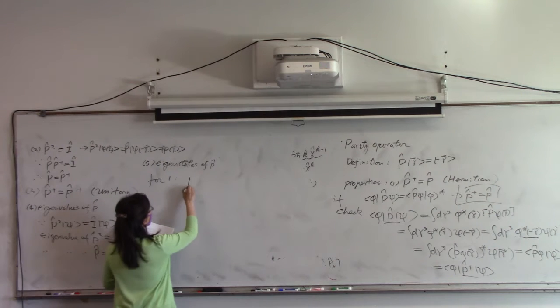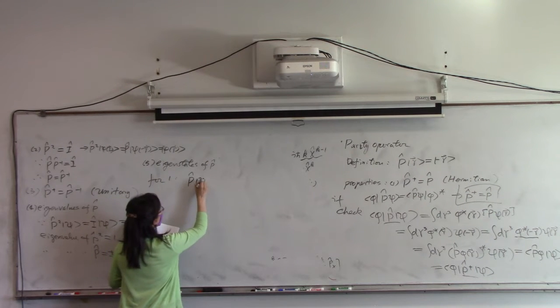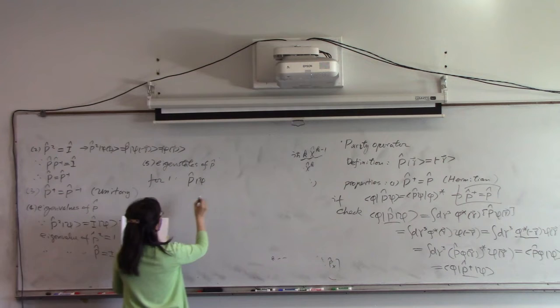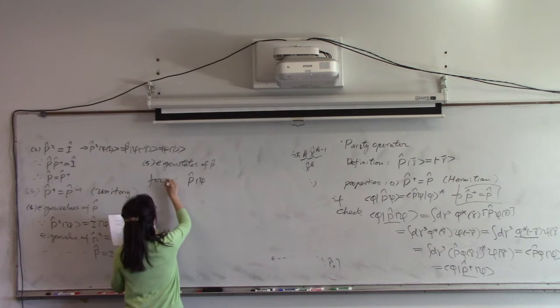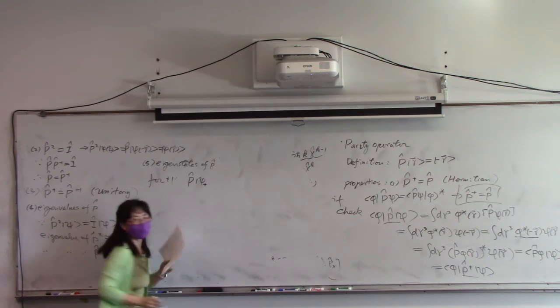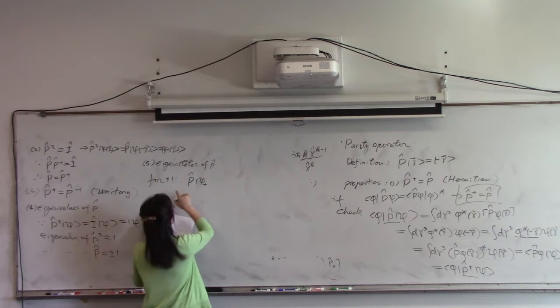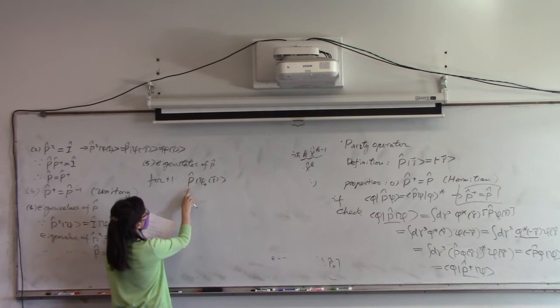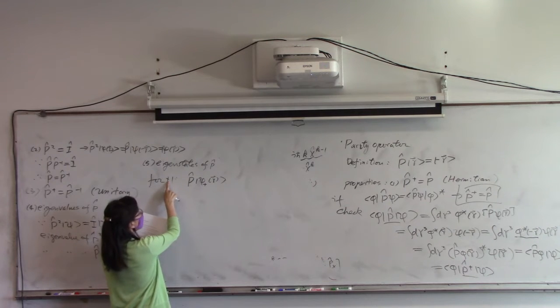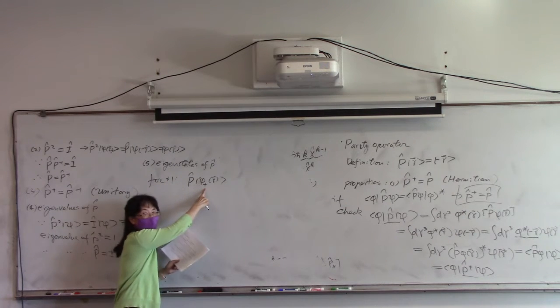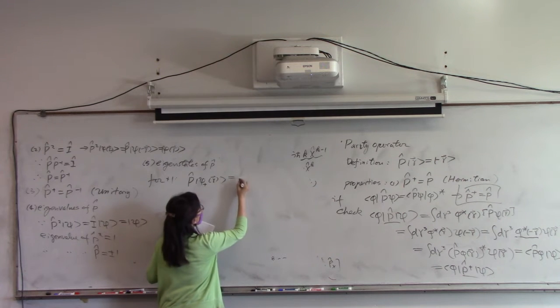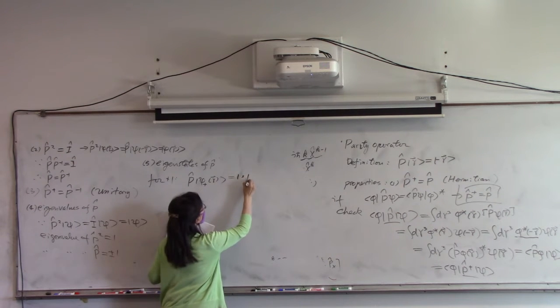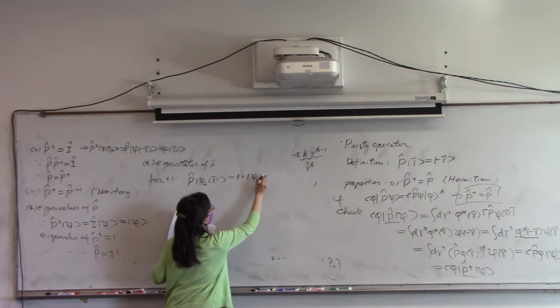Let me use an index: I'm going to use plus to distinguish the eigenstates. So that is the eigenstate of the parity operator P with eigenvalue plus 1. It is eigenvalue 1 multiplied by itself, by the eigenvalue problem.